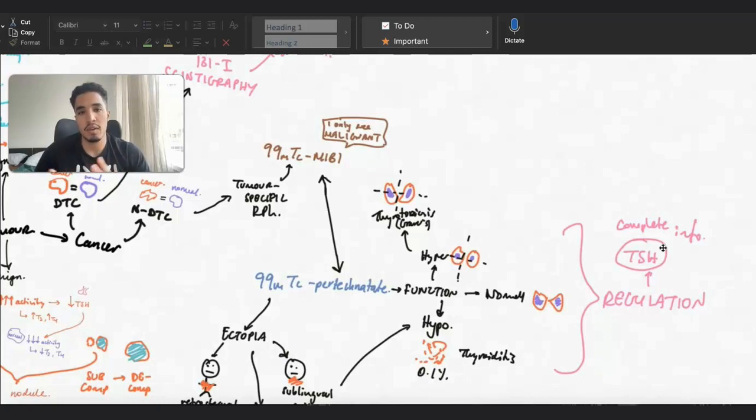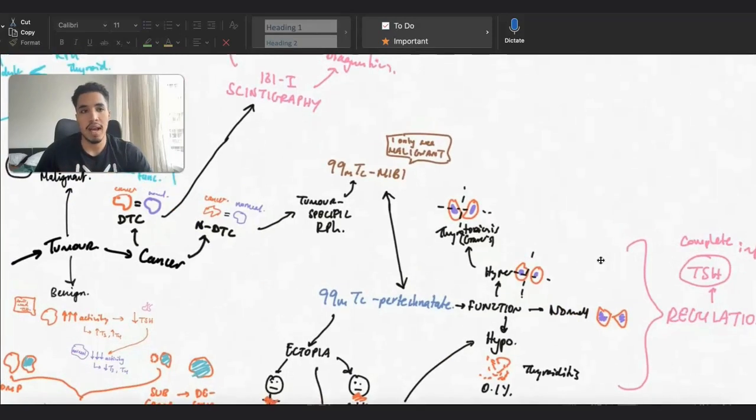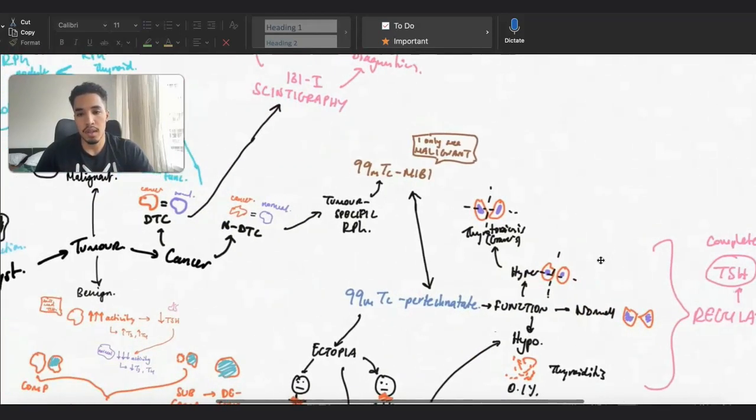It gives you information about everything, how it binds to the receptor, how it allows increased uptake of iodine. So we don't measure TRH or T3, T4. We would measure T3, T4, but the main diagnostic marker is TSH. So always remember that TSH will give you complete info, and that's why we want to look at that as a lab test marker.